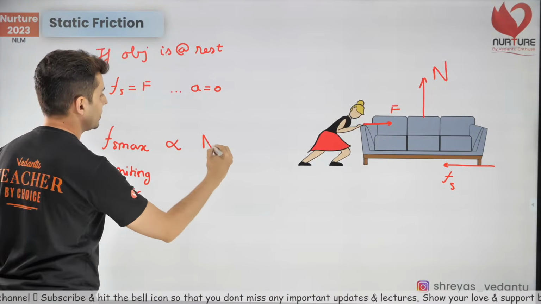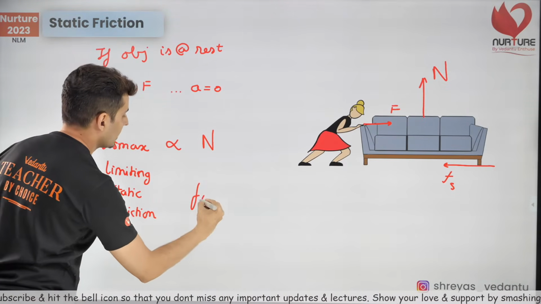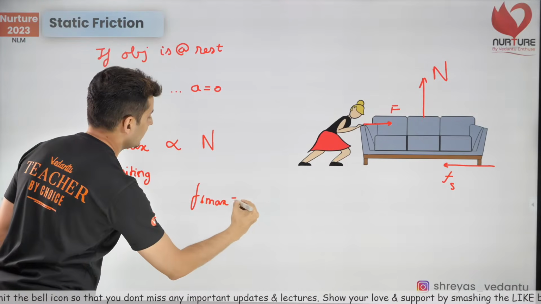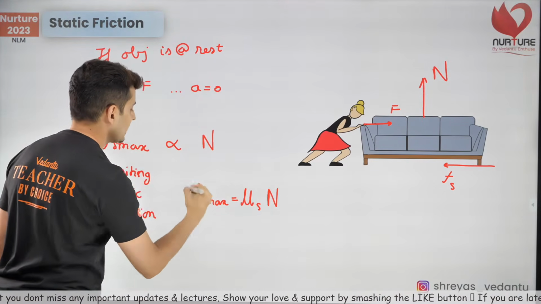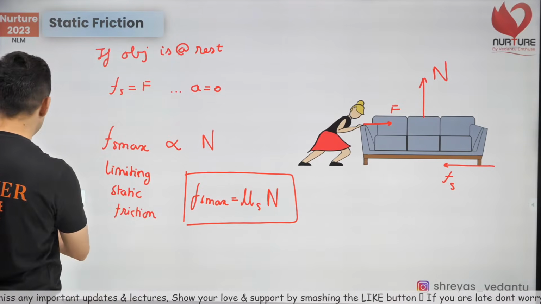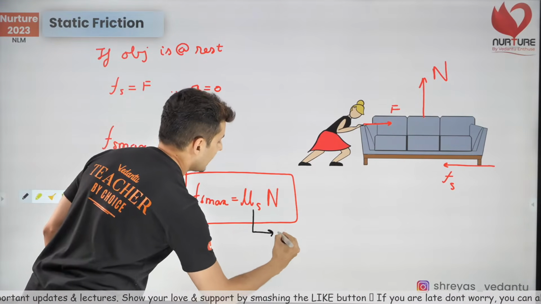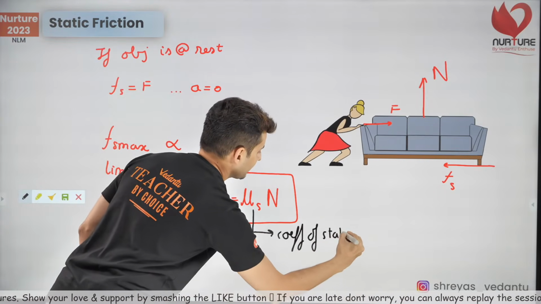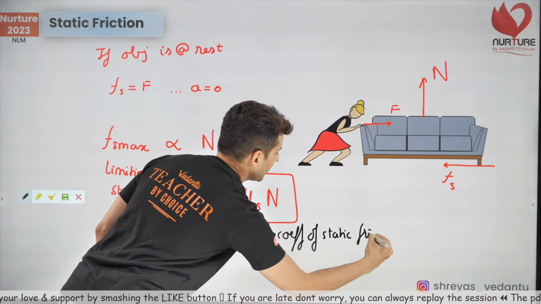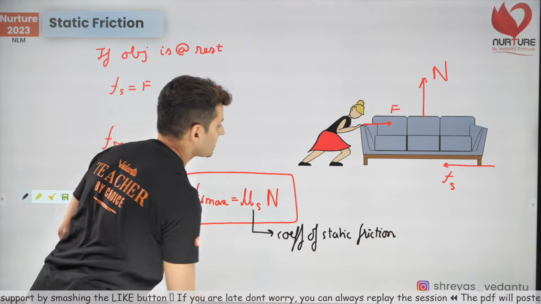Therefore I will replace that proportionality with a constant which I will call mu s. So what is this mu s? Mu s is called the coefficient of static friction.